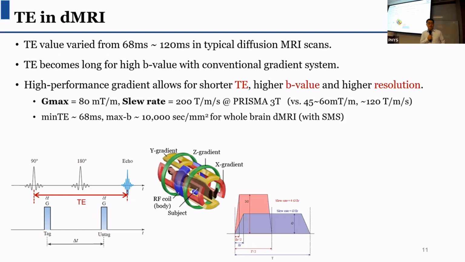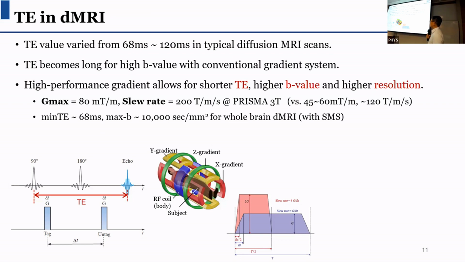But the good thing is, as you have Prisma here, because Prisma has this gradient system, as I'm showing here, a good diffusion system means you can achieve the same area but in a shorter time. That means if you have the same B value with Prisma, you can have a shorter TE.